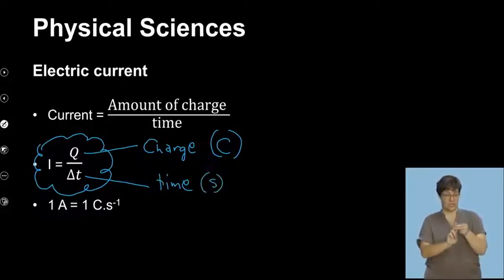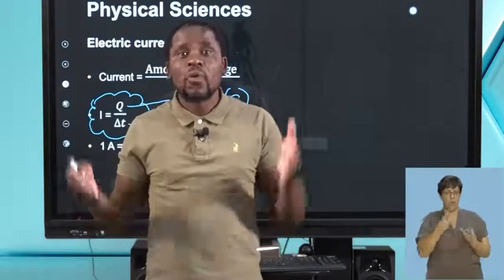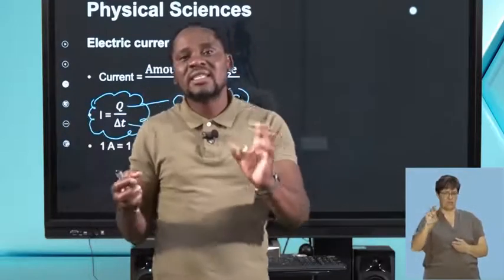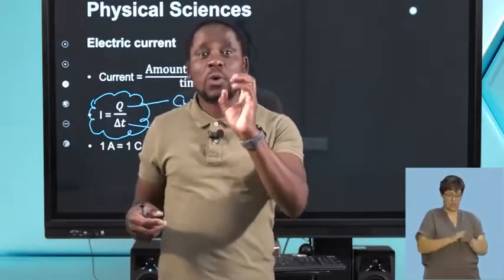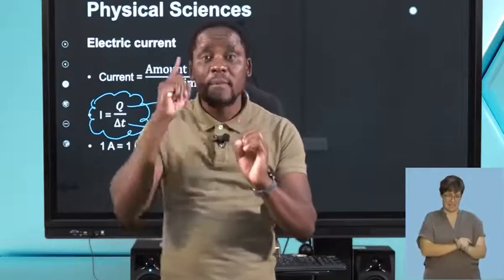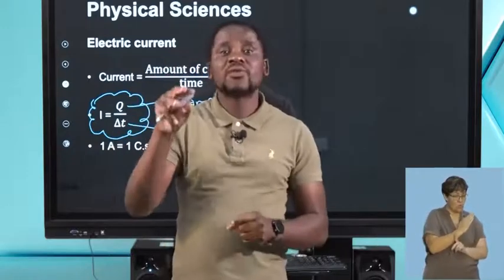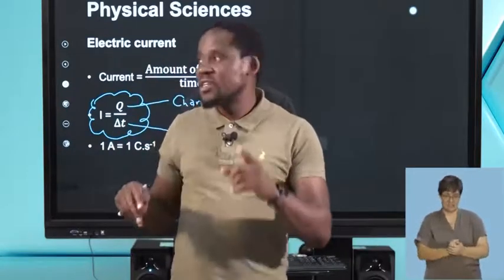By definition, when do we have an ampere of current? These are important questions we need to ask ourselves. Understanding that current is the rate of flow of charge, or how much charge passes through a point per second, an ampere of current means 1 coulomb of charge passing through a point for every second.